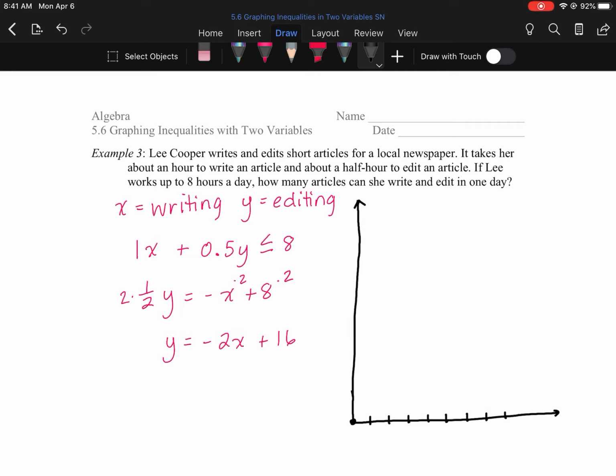So 2, 4, 6, 8, 10, 12, 14, 16, 18, 20. That should be enough. And then 2, 4, 6, 8, 10, 12, 14, 16, 18, 20. We'll see if that's enough.